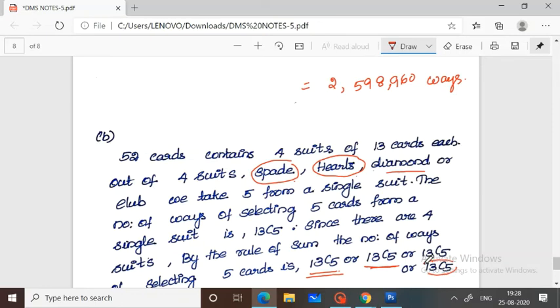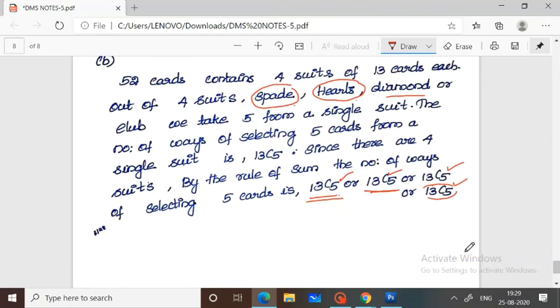So by the rule of sum, the number of ways of selecting 5 cards is 13C5. A student can select this one or second one or the third one or the fourth one.